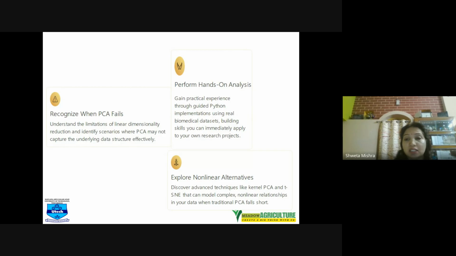Then we have to understand what other options we can proceed with, or how we can make corrections to get the answer. Then again, using some nonlinearity alternatives, and finally we will use some Python libraries to implement all these things.